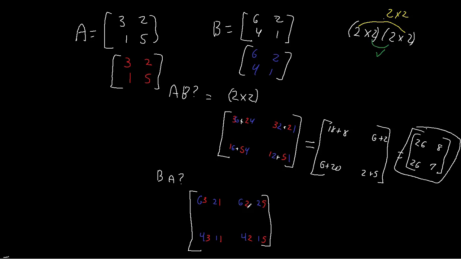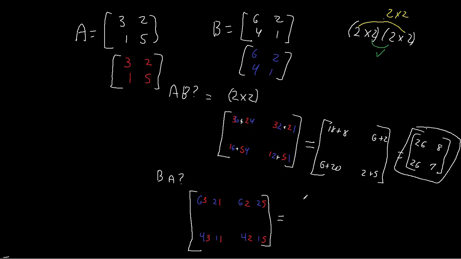So again, I was looking at the rows of B, so B is now our row vectors, and the columns of A, so A is now our column vectors. And again, I'm just setting up the row vector times the column vector. I've just switched which one I'm looking at the rows and which one I'm looking at the columns. Hopefully that makes sense. I don't want you to get lost.